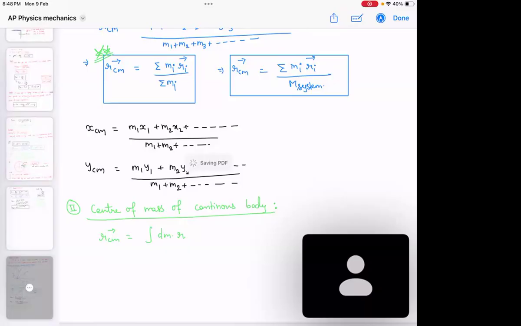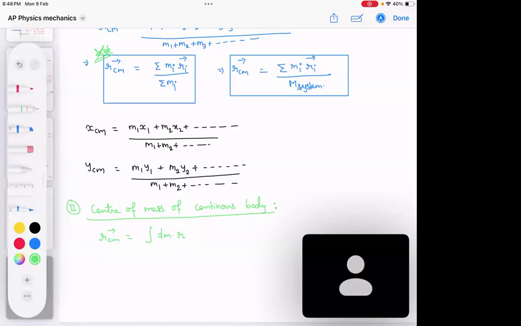Infinitely small parts. And dm is the mass of that infinitely small portion, and r is the position of the center of mass of that small portion, divided by the summation of mi, that means the integration of dm again.